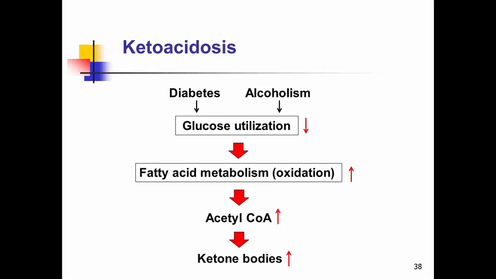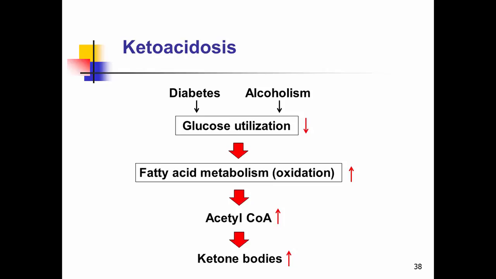So under this condition, our body starts to mobilize fat as an alternative energy source, right? You stimulate lipolysis and increase fatty acid release into circulation, and all these are the major drivers. Remember, we talked about the three main steps that control ketogenesis, right?